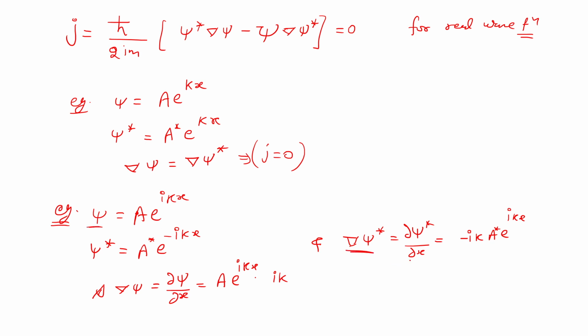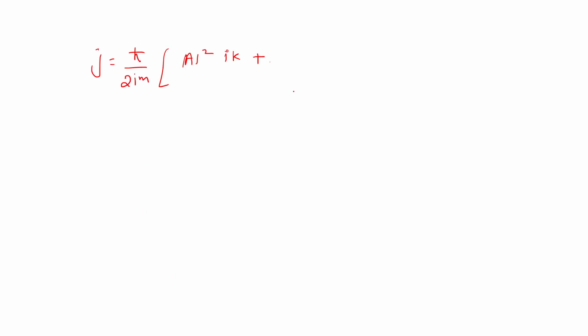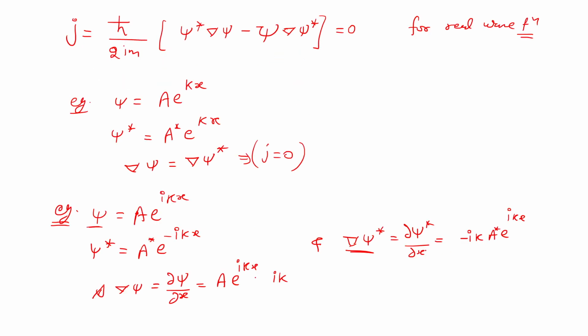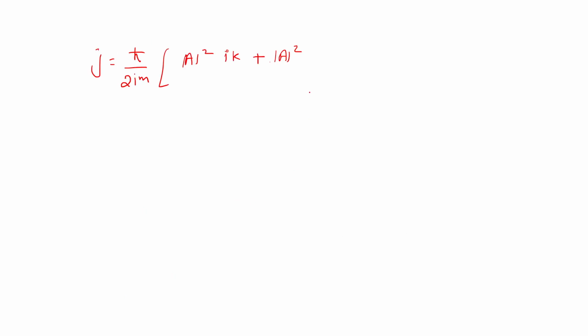So a square you are getting for sure, and here you are getting iota k, again exponential of iota kx, and sorry, there is a negative sign that I missed. So this negative iota kx and this iota kx will cancel out each other. So we get here only iota k.